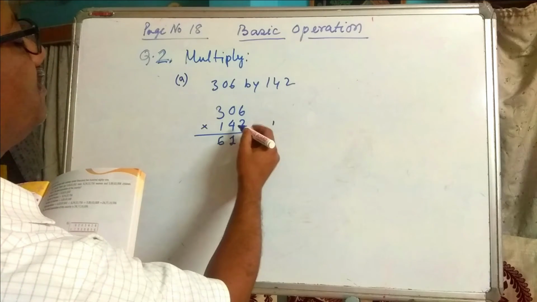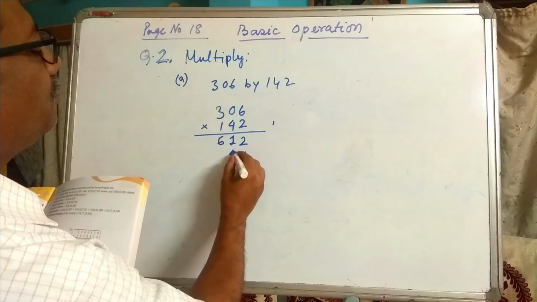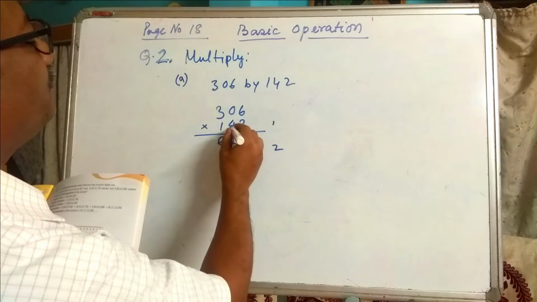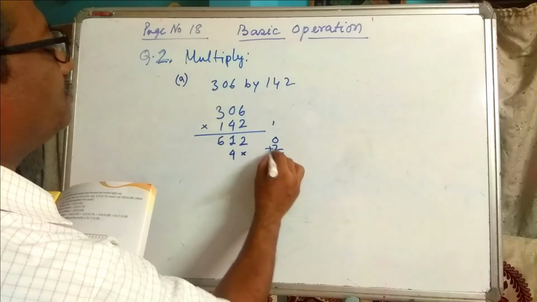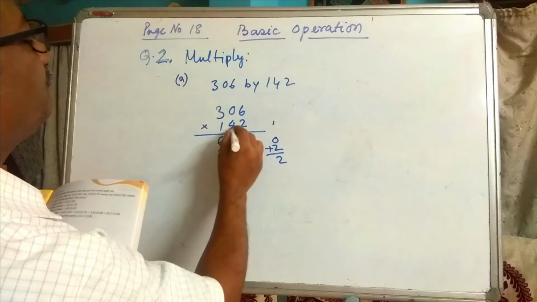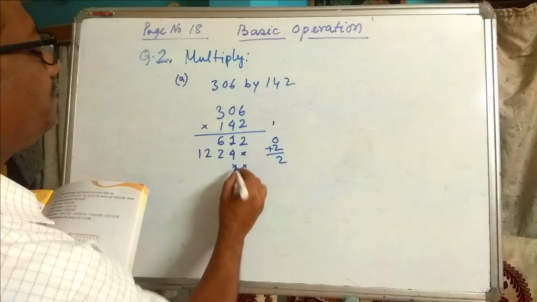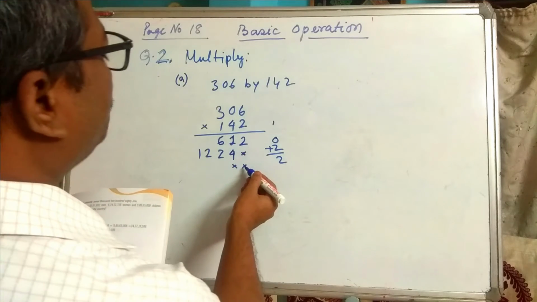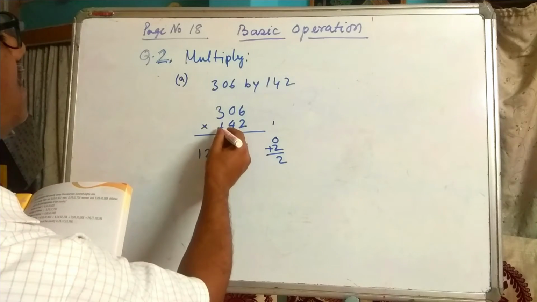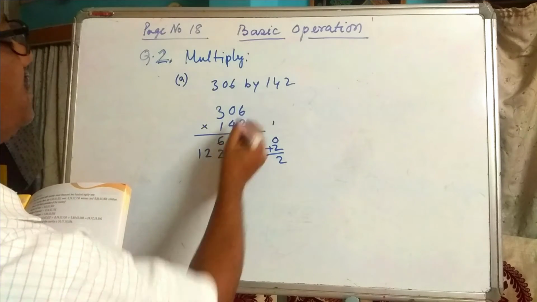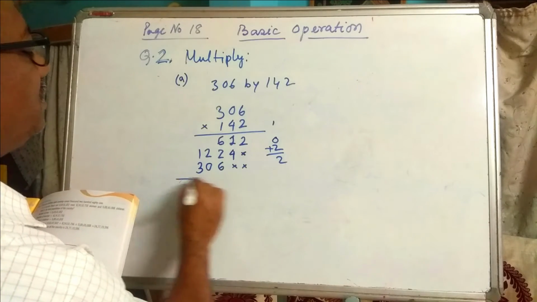Then multiply with 4. 4 sixes are 24, 2 left, 4, 0, 0 and 2. If you add 0 plus 2 is equal to 2. Then 4 threes are 12. Then leave the unit place and tens place, and multiply with 1. 1 six is 6, 1 zero is 0, 1 three is 3.